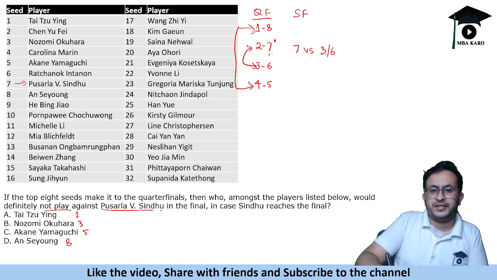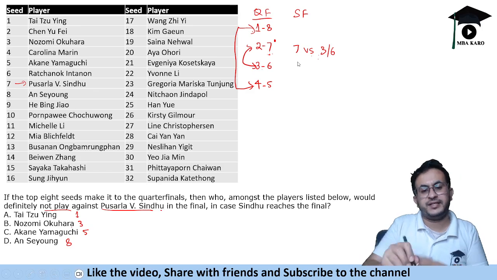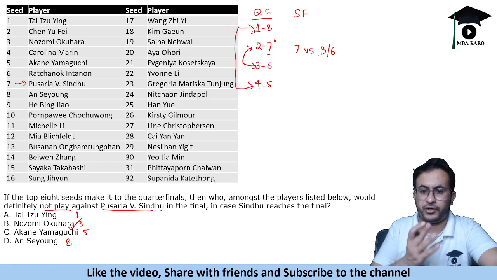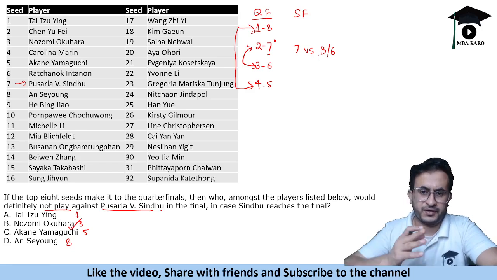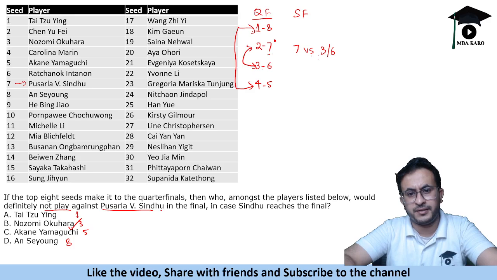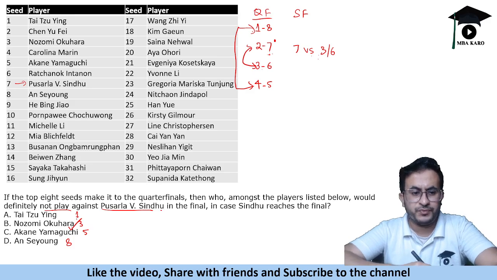Why? Because if player number 3 moves on, they will play against them in the semi-final itself. If a player plays against someone in the semi-final, they cannot play them again in the final. So the answer is Nozomi Okuhara. Player number 6 plays here itself, so it cannot be in the final.